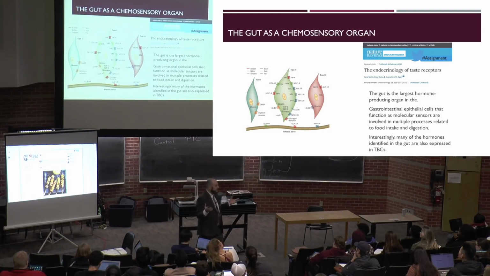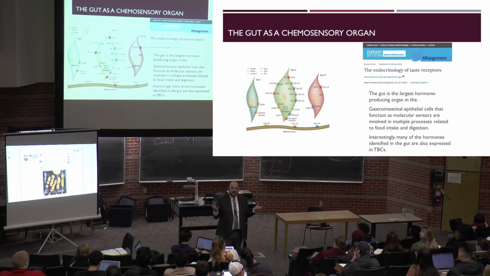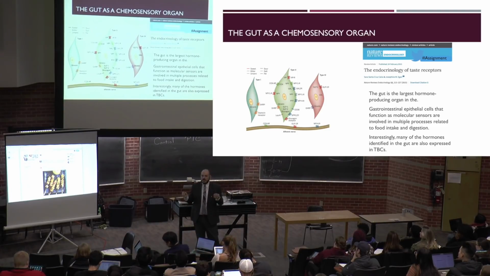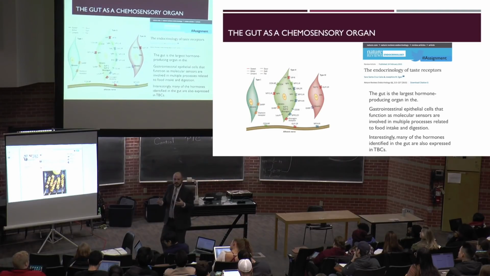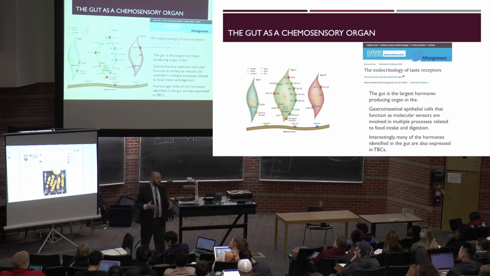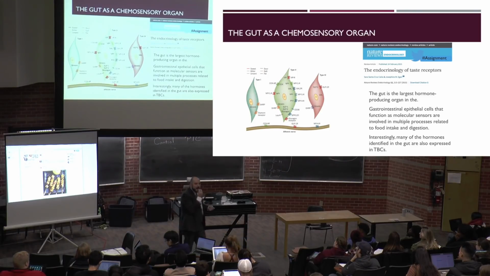In satiety. So you actually have cells in your gastrointestinal tract that resemble the cells found in taste buds. Your gut is using the same type of cells that your mouth uses to detect sweetness, bitter, all along your GI tract.